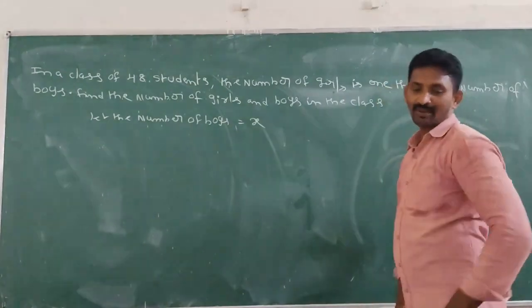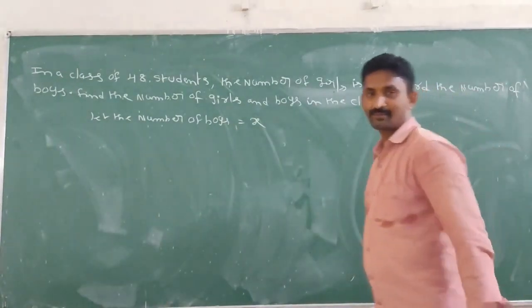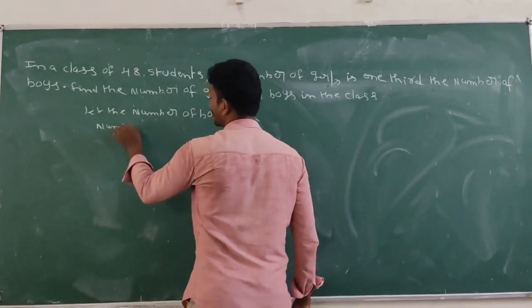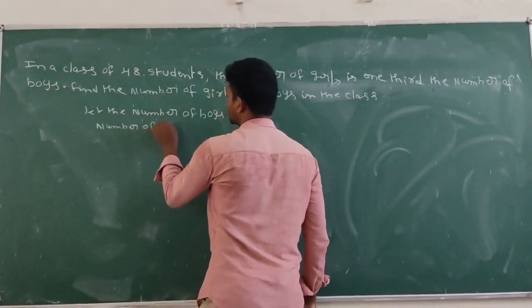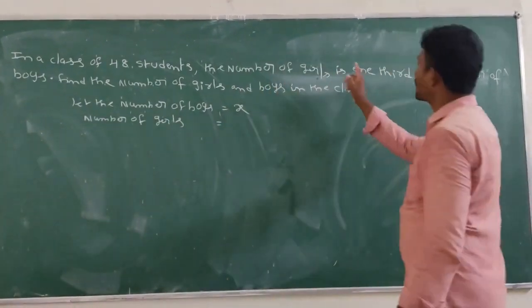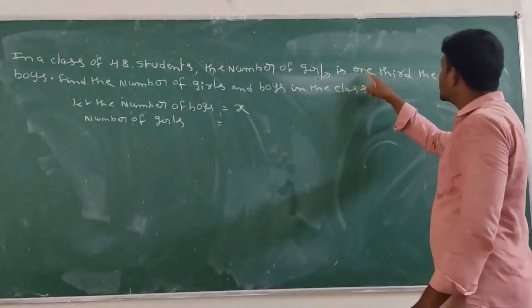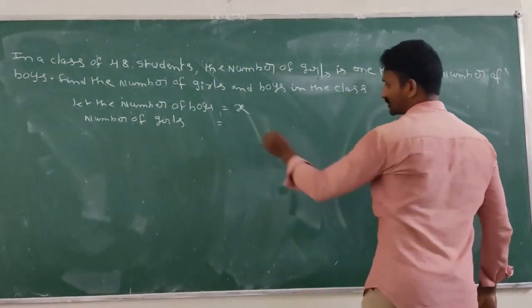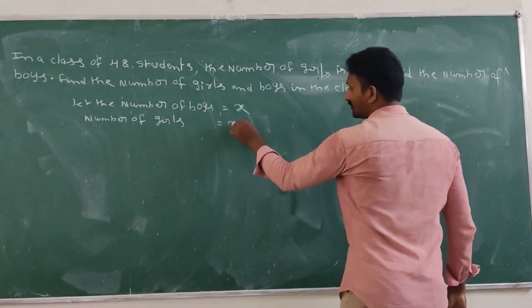The number of girls is one-third of the boys, that is 1/3 of x.